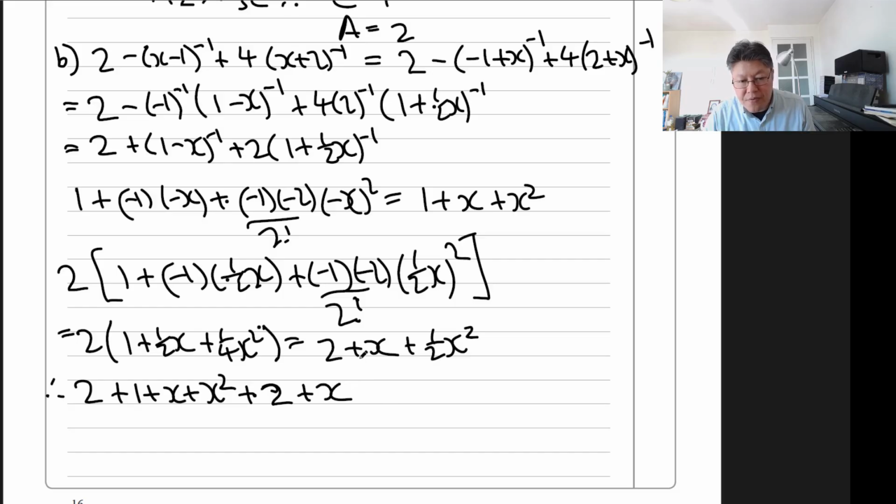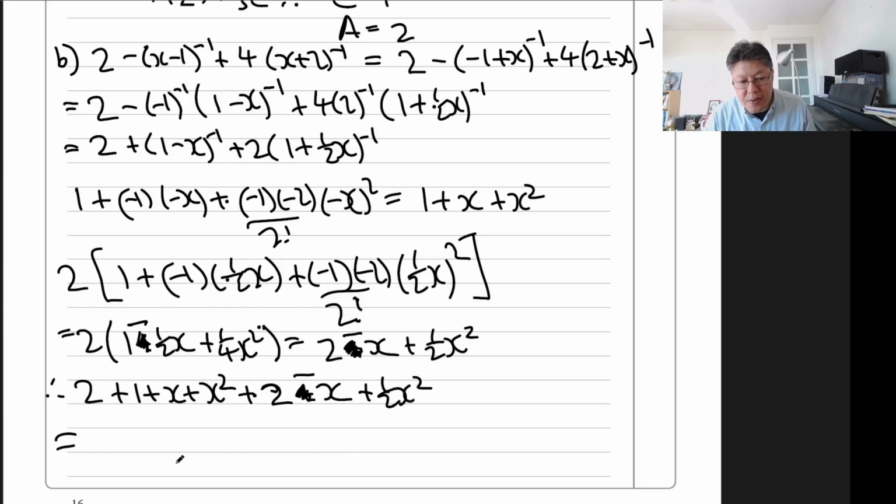I believe this is a negative half x. So this should be a minus. So overall this is a minus x. So minus x and then plus half x squared.